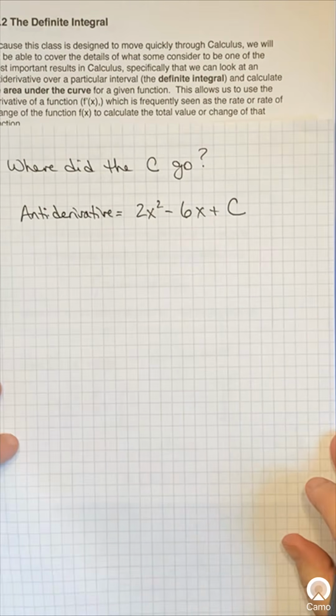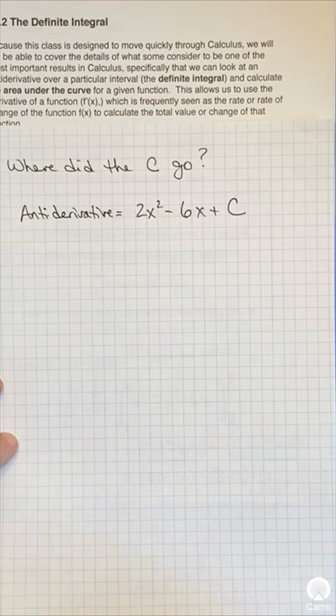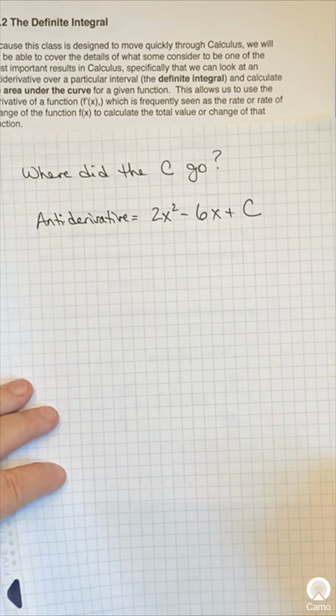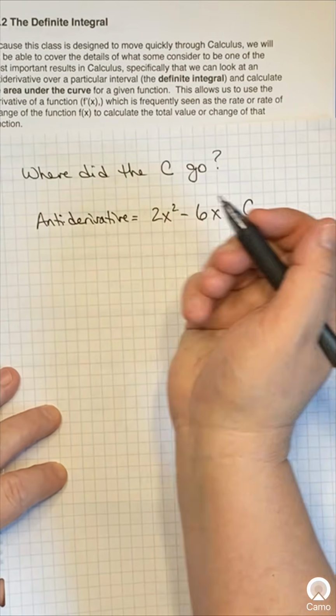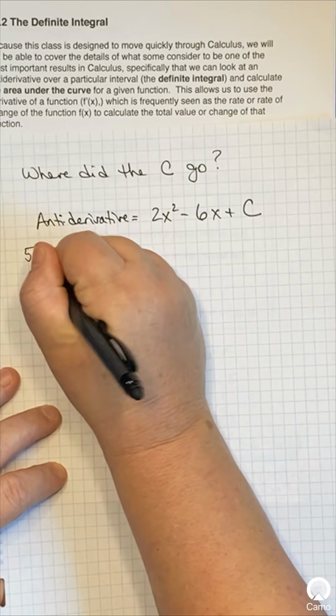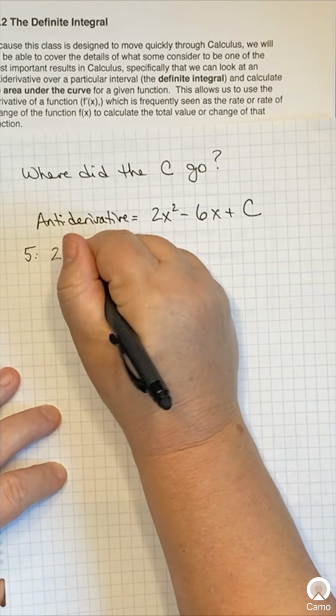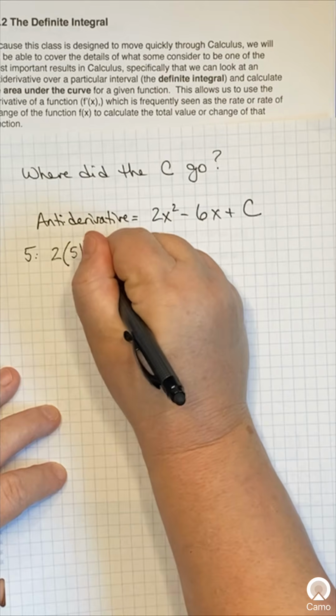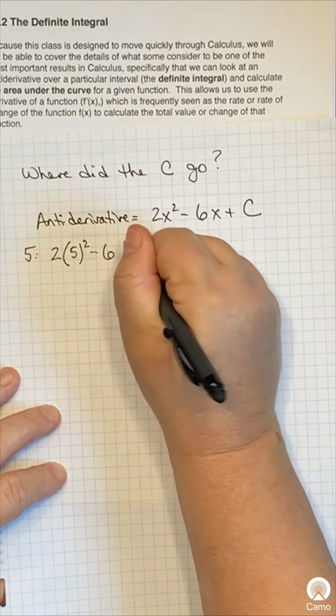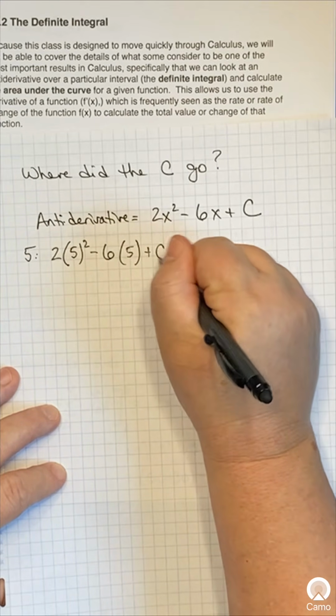We learned that from the last chapter. Okay, so let's evaluate that at both 5 and 2. Let's say at 5, we get 2 times 5 squared minus 6 times 5 plus c.